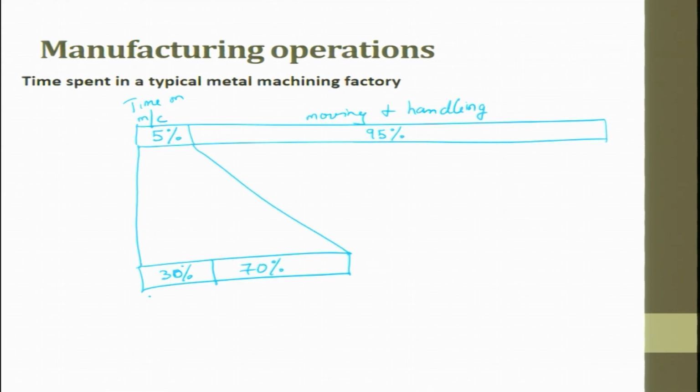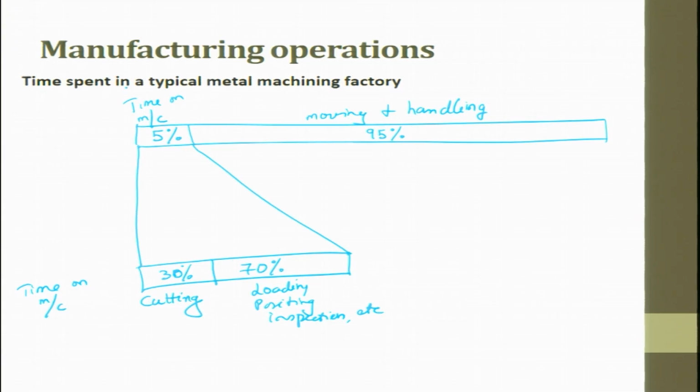Okay. 30% of the time is cutting, and the rest of the time is loading, positioning and inspection, etc. Okay. So, this is time on machine. Now you see how interesting it is.